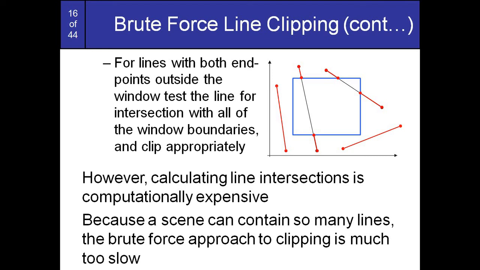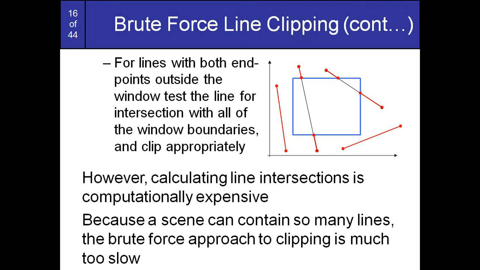That is where the complexity of the algorithm comes into the picture, and we need to have some favoring criteria when it comes to the complexity of algorithms. Because the scene can contain so many lines, the brute force approach to clipping is much too slow. Now this method works easily when the number of lines is small, but when there are too many lines, then this approach has some cons.